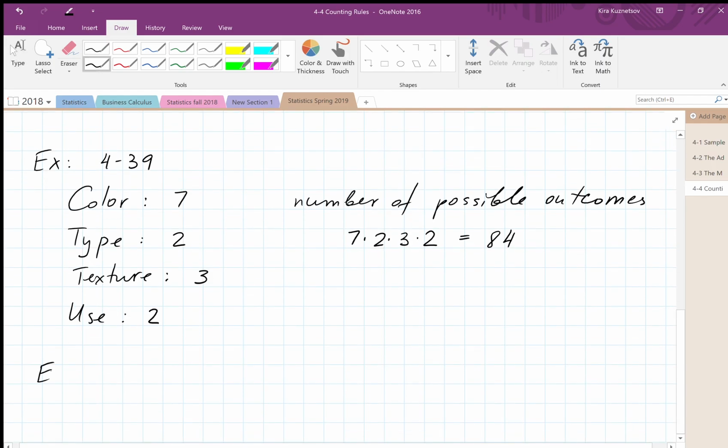My next example, 4-41. The first year the state of Pennsylvania issued railroad memorial license plates, the plates had a picture of a steam engine followed by 4 digits. Assuming that repetitions are allowed, how many railroad memorial plates could be issued?